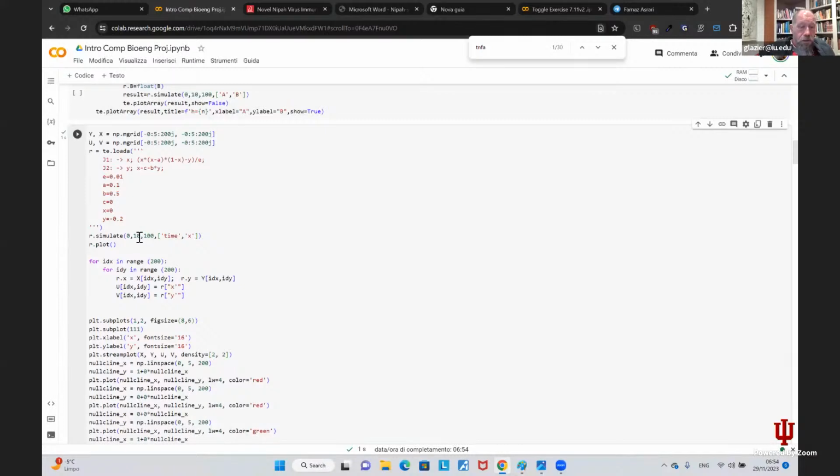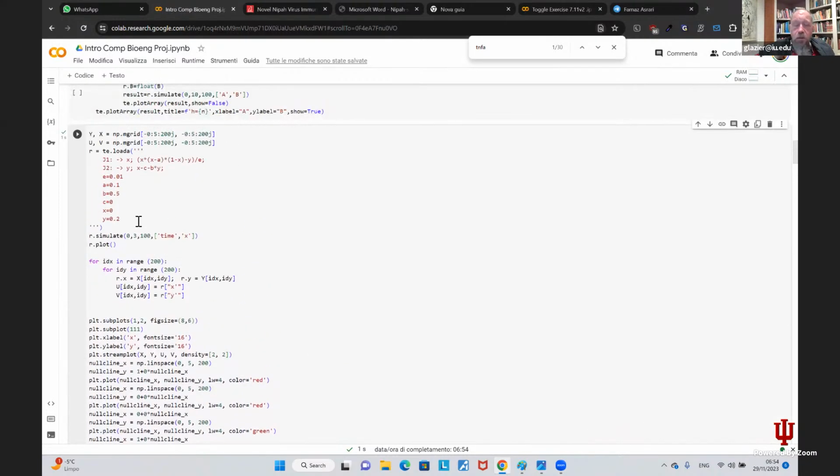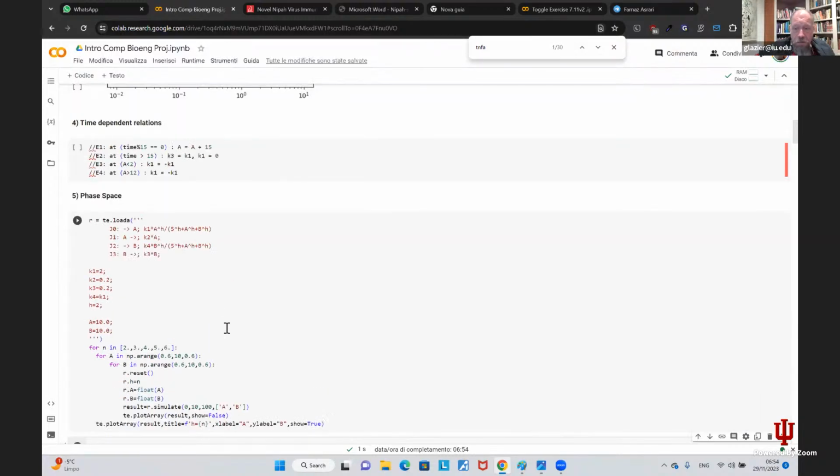Now what you'd like to do is scan for different initial values of V between minus 0.2 and 0.2. I had a little assignment for you, but we're going to skip ahead.